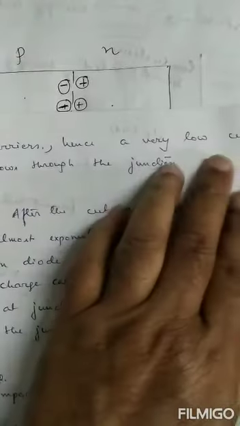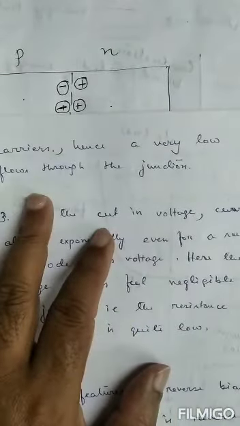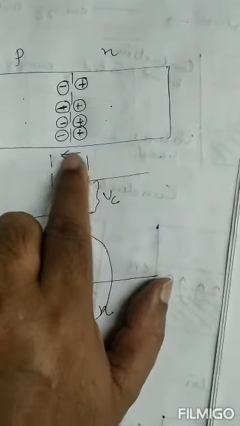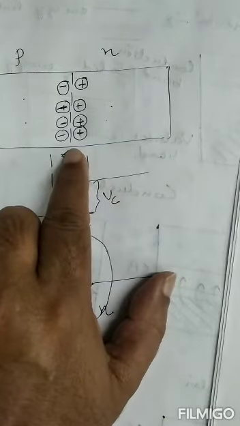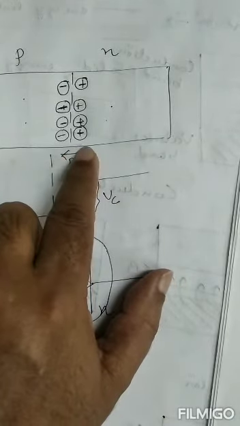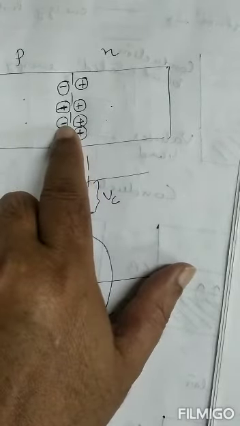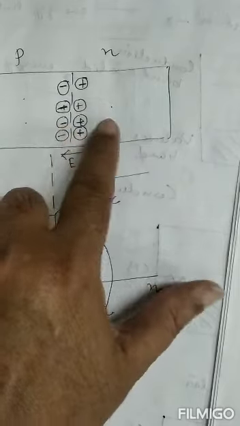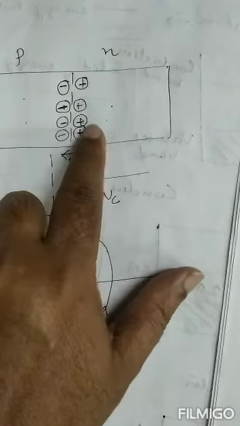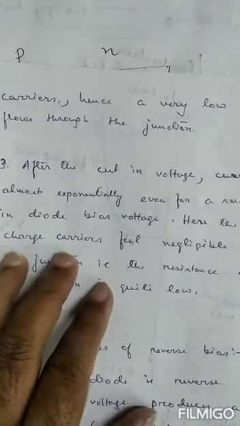And hence, a very low current flows through the junction. That means, when applied voltage is less than this contact voltage or cut-in voltage, this field does not get removed completely. As a result, majority charge carriers cannot cross the junction easily. Therefore, very low current flows through the junction.